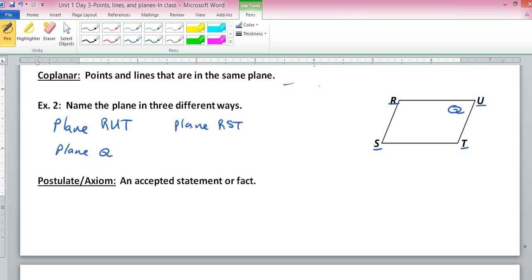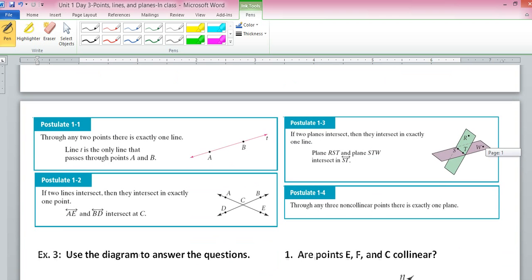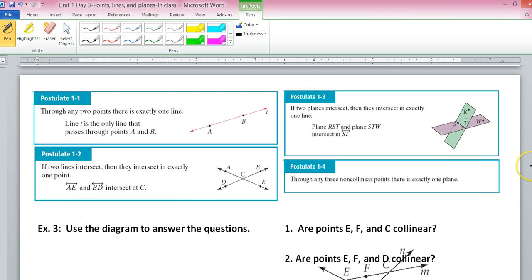Now, postulates and axioms. We're going to be dealing with a lot of these this year and using them. These are just an accepted statement or fact. These are basically like what we call common sense theorems. You probably already know most of them, but we formalize it in terms of a postulate or axiom. So the 4 we're going to deal with in this section. Postulate 1: through any 2 points, there is exactly 1 line.